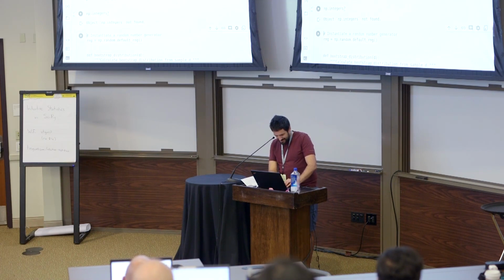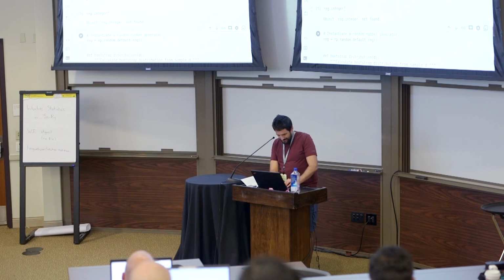Oh no, it's rng.integers. I never ran that code. That's the problem of putting this all in the same cell, is that I don't want to run it because it's going to error out.